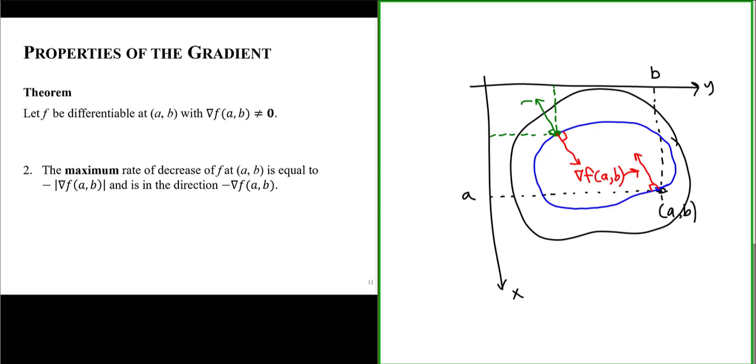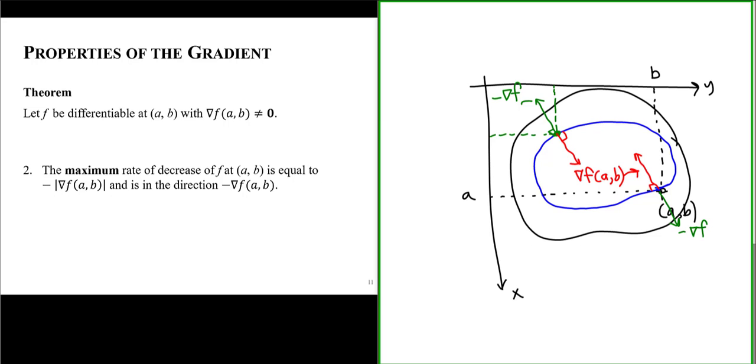And this vector right here is equal to minus the gradient of our function. And if we calculate the magnitude of this, negative the magnitude of the gradient of our function is the maximum rate of decrease. At this point (a, b) that we first drew, it would just be in this direction. That's minus the gradient of f.